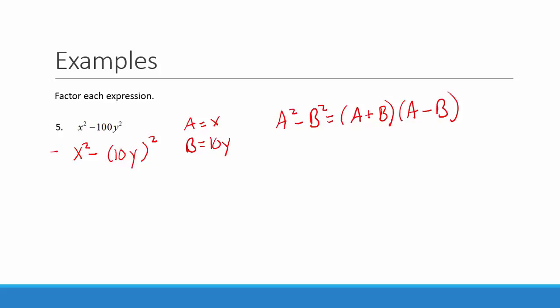So we can factor x squared minus the product 10y squared as x plus 10y times x minus 10y. So that is our factored form for example 5.